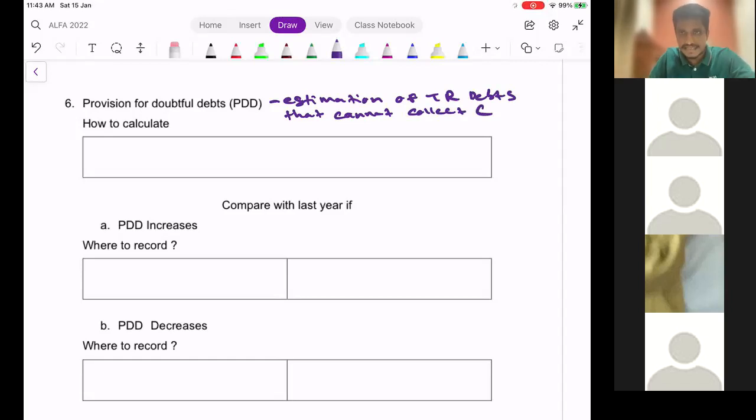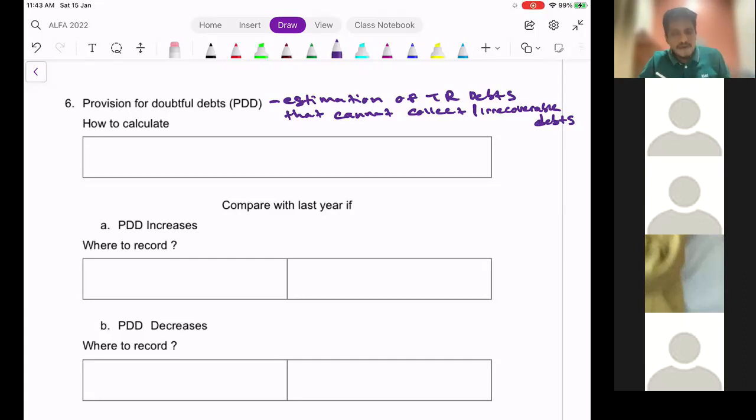It's an estimation. Cannot collect, or irrecoverable debt.